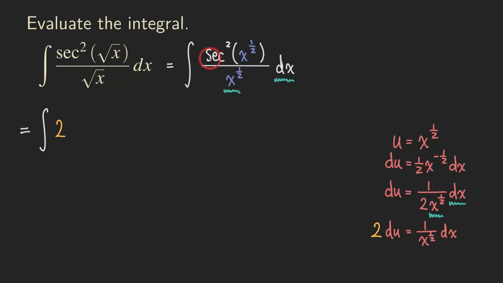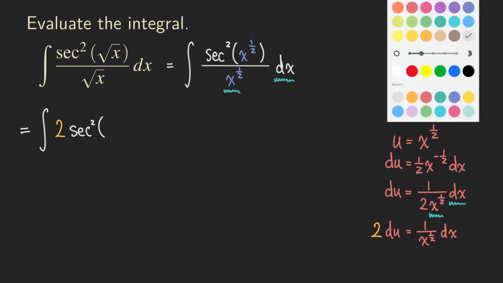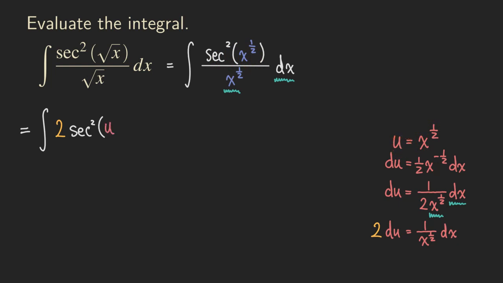So we are going to put down the secant square right now. So secant square, what goes inside this secant square function? It's actually the x to the 1/2, which is our u, right? So we have the u. And then, of course, there was the du.